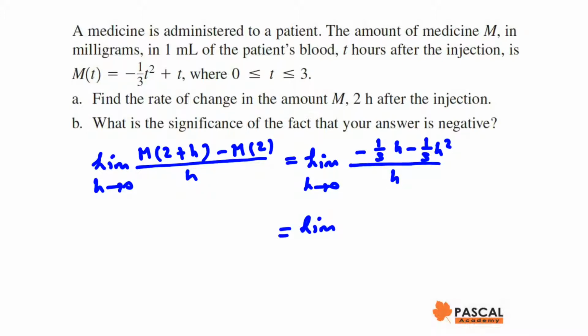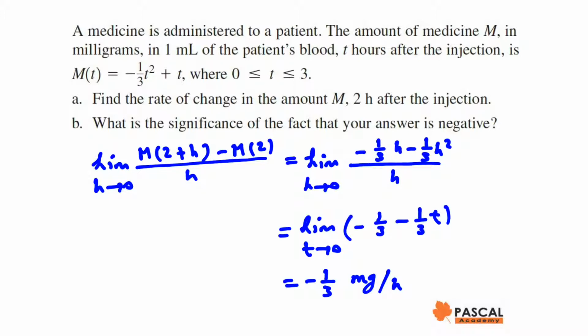If we factor h in the numerator and reduce the fraction, this limit would be -1/3 - 1/3 h as h approaches 0, which is -1/3 milligram per hour. So the rate of change is -1/3 milligram per hour.